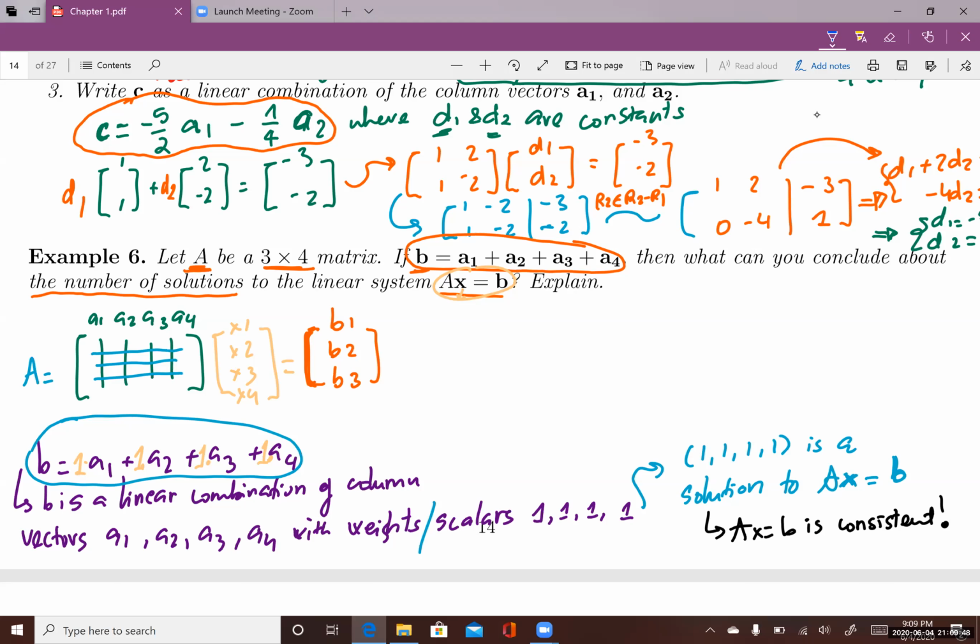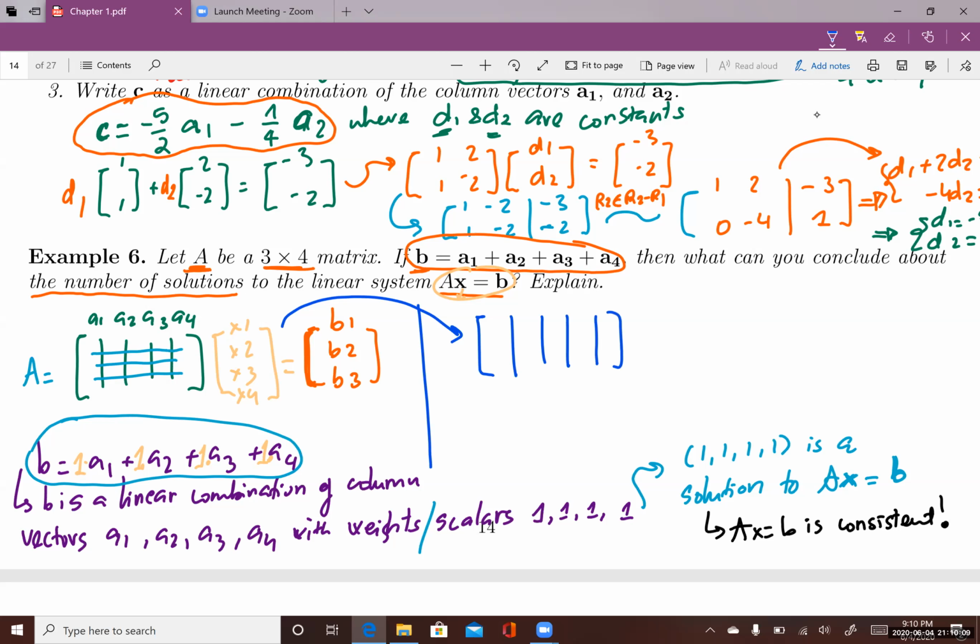So A is a 3 by 4 matrix, okay? If I translate this system into an augmented matrix, I still have A1, A2, A3, A4, right?